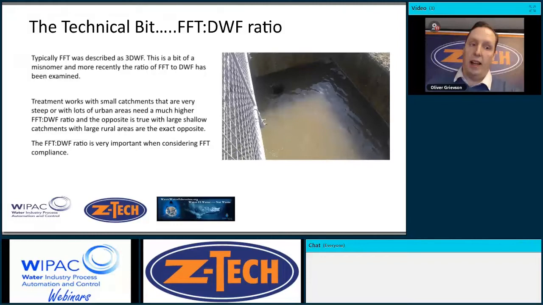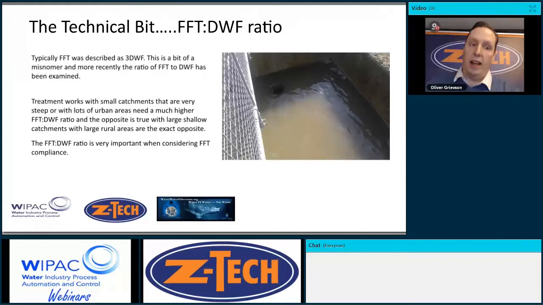That ratio was cut into quite a bit in the past 10 years, and that's caused problems with FFT compliance.